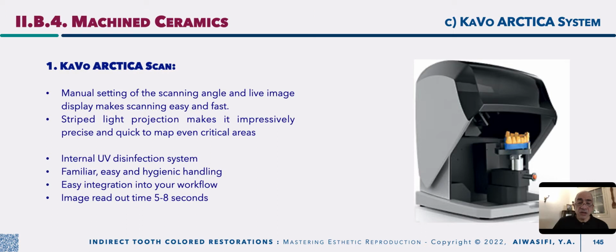Then comes the first component, the scanner. You have a tripod or a table that you could fix your model or cast on, just to be scanned with a striped light projection, not continuous light projection, because the striped light allows you to get all the fine details in critical areas in your model, and you could move your model in different directions.